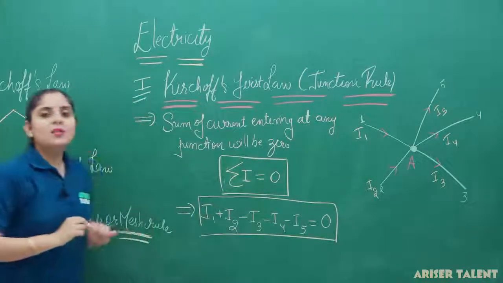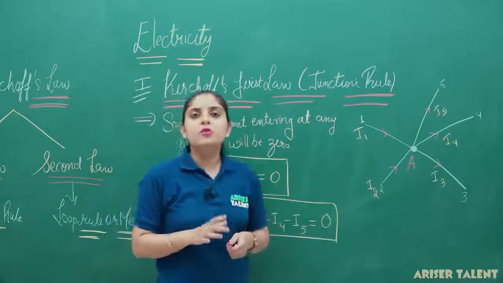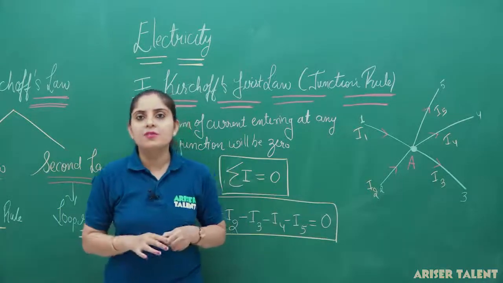Now, from this law, you can easily understand that the summation of current equal to 0 is following the law of conservation of charge.